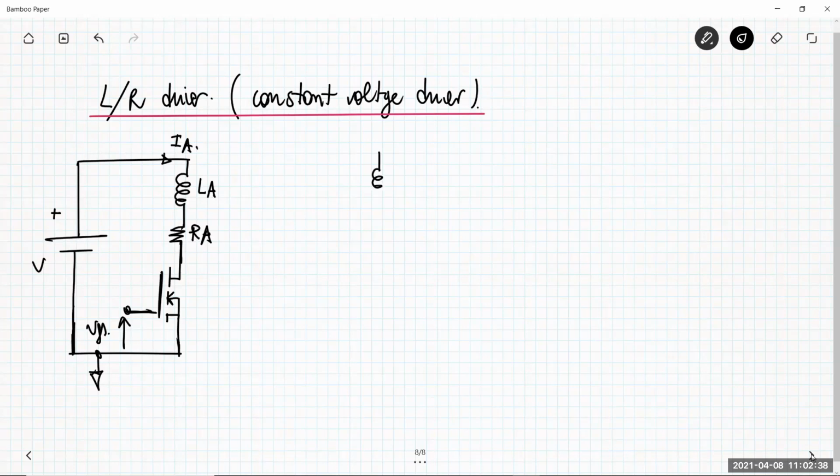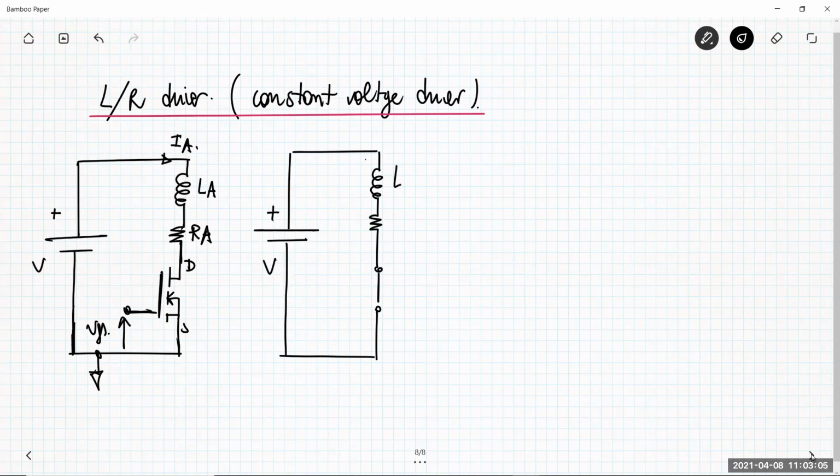And by taking some approximation, we can suppose that between the drain and the source we have a real short circuit. You know that this is not completely true. Here you have a resistance, the Rds(on) resistance, but just for illustrating the behavior, consider the MOSFET as a closed switch, a perfect short. So RA, LA, RA, this is the current IA.